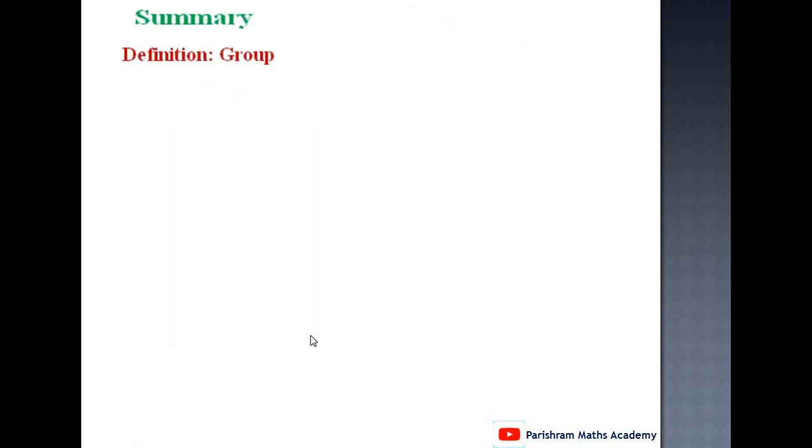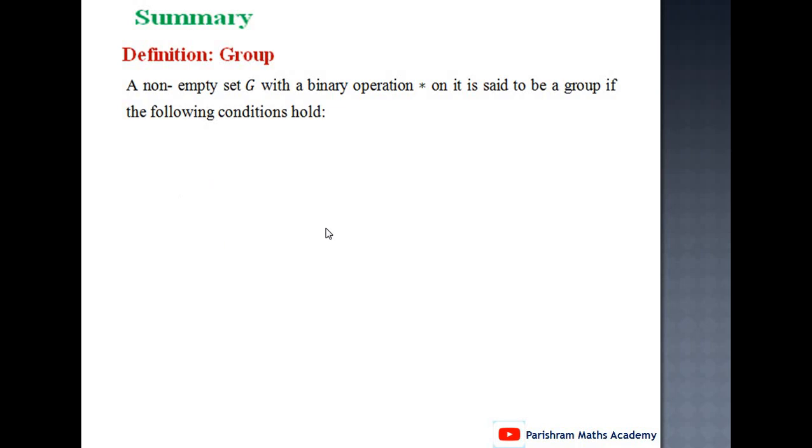Summary. To study the topic, we must know the definition of the group. First, the definition of group: a non-empty set G with binary operation star on it is said to be a group if the following conditions are satisfied. Here G is a non-empty set, star is an operation on G. Then G comma star is said to be a group if the first condition, closure property, is satisfied.